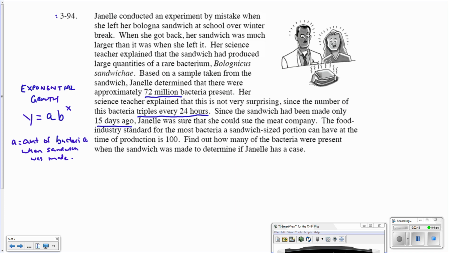And then our b is going to be our multiplier. So it says it's tripling, so we're going to say that's going to be 3. And then our x is going to represent the number of days that have gone by.